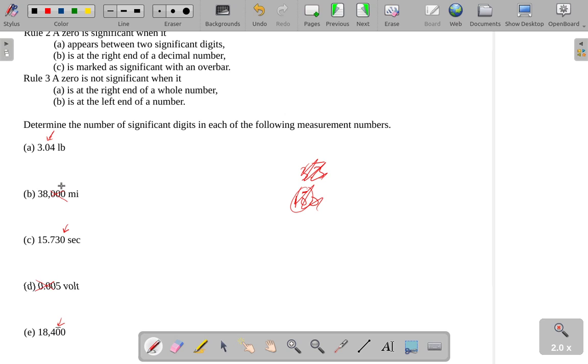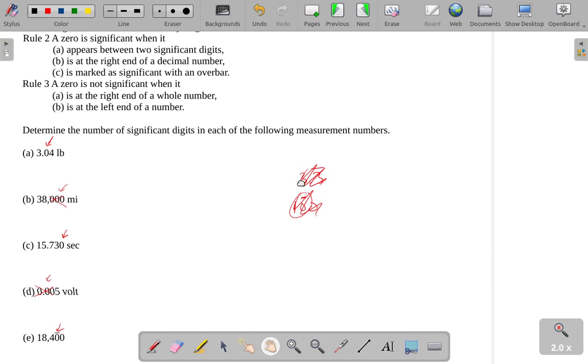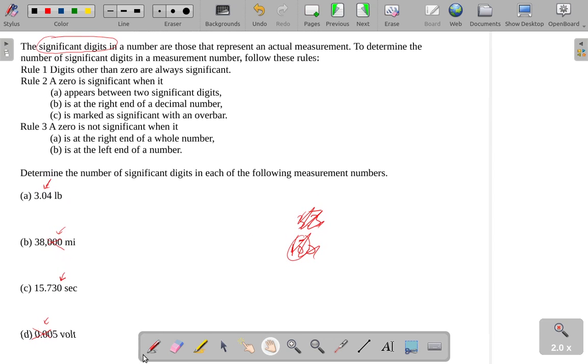You can see these zeros here and these ones here are mostly just so that we can make sure that the decimal place is in the correct place. That's the only reason we have them there. Other than that, we're going to say these are significant.